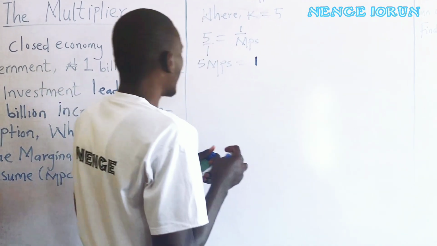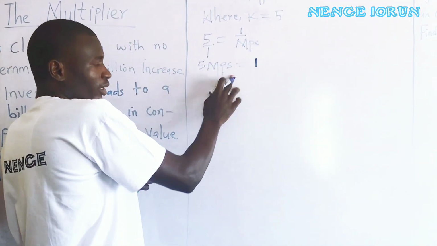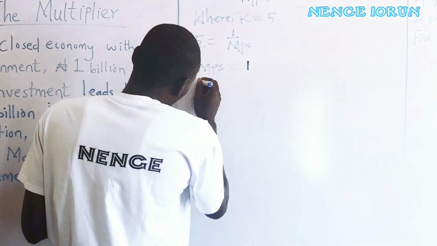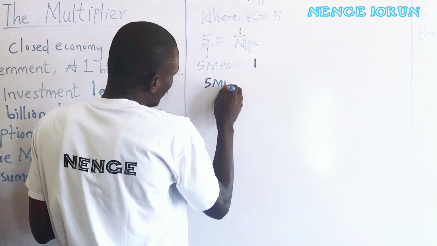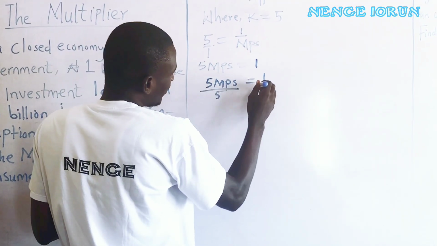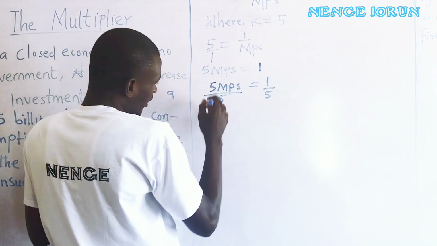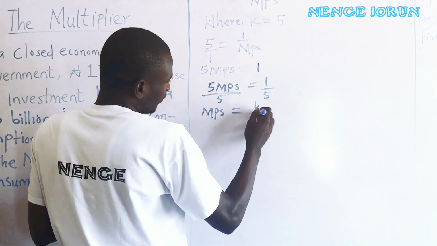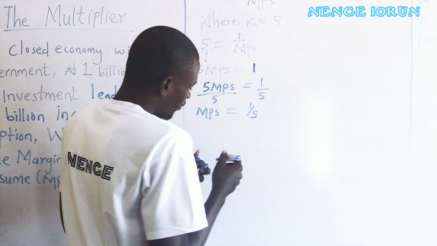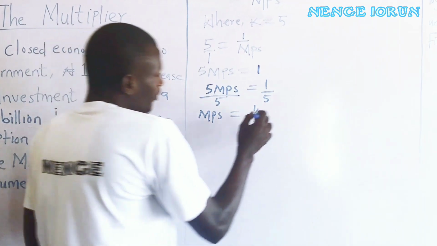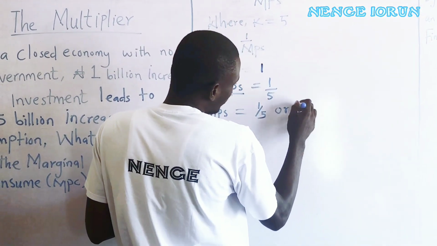To find the actual value for MPS, you divide both sides by the coefficient of MPS, which is 5. So you will have MPS as 1 over 5. If you are not good in operating with fractions, you can write it in decimal. This is 0.2.